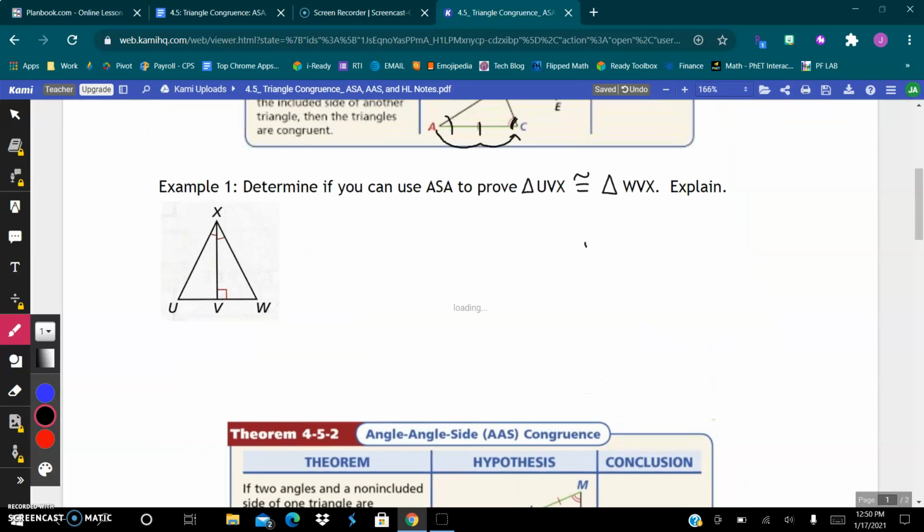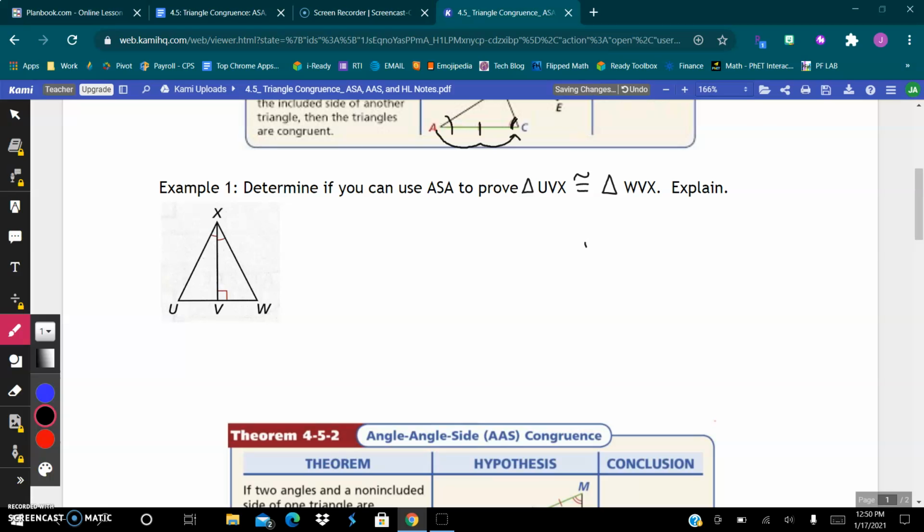For example 1, we have to determine if you can use angle-side-angle to prove that triangle UVX is congruent to triangle WVX, and explain. We're shown that angle UXV, which is this one right here, is congruent to this angle over here, angle VXW, and that is given by the picture.